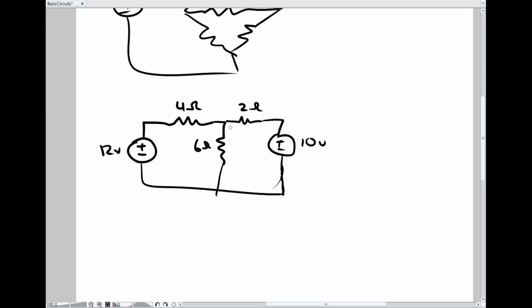So let's define some things. Let's call this I1, call this I2, and call this I3, right? I know from Kirchhoff's current law that I1 plus I2 plus I3 is equal to 0.